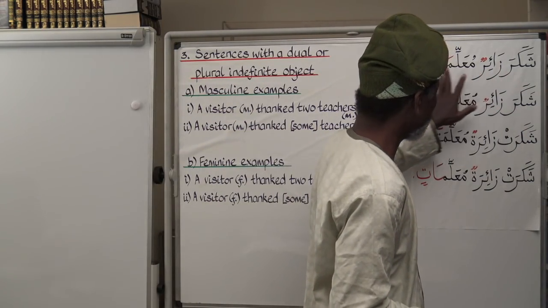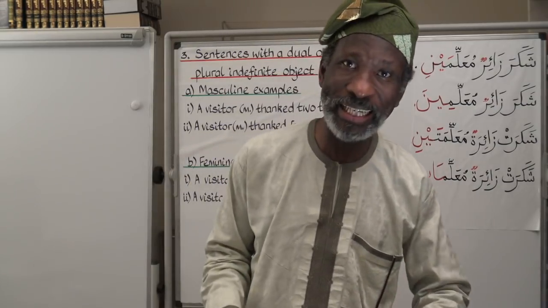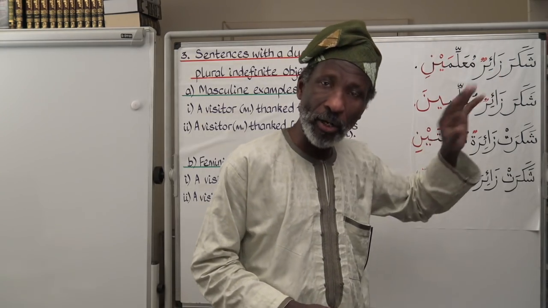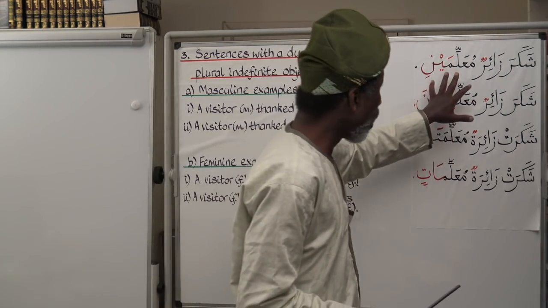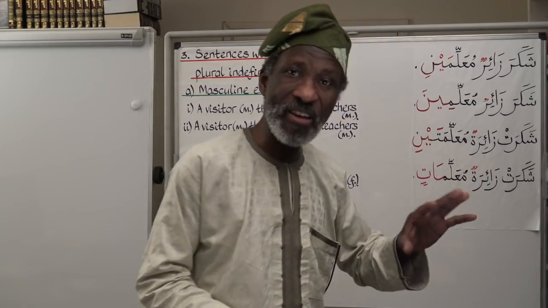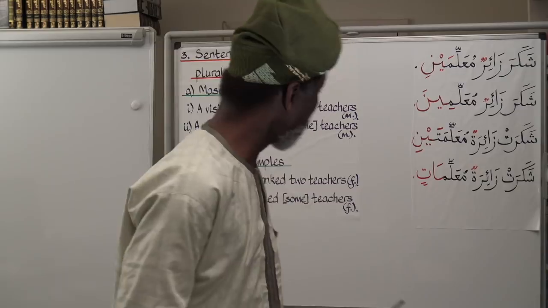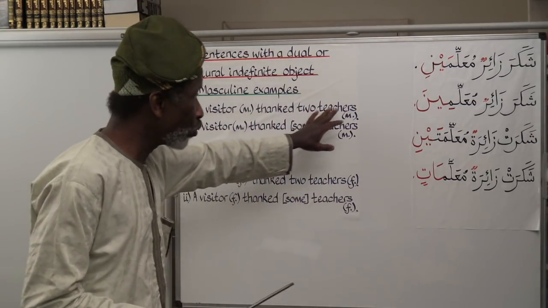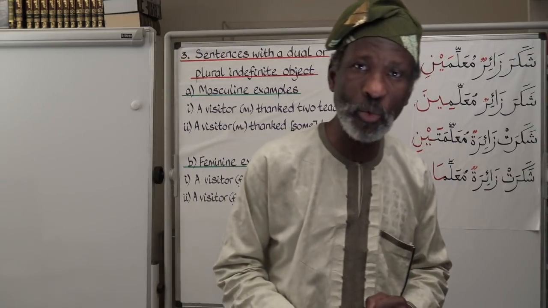Shakara zairun muallimaini. This time we are making the object dual. So, shakara zairun, we know that's singular and that's the subject. Now the object, muallimaini, a visitor thanked two teachers. So a visitor, masculine, thanked two teachers, masculine as well.